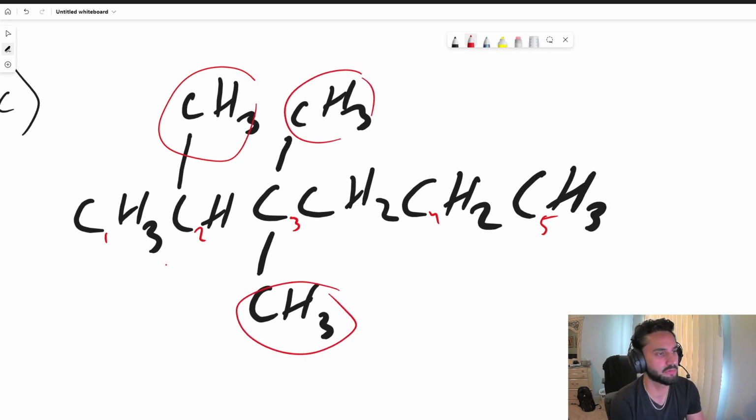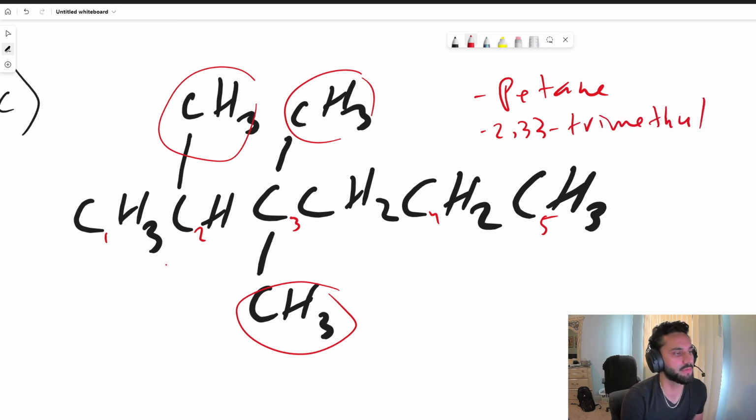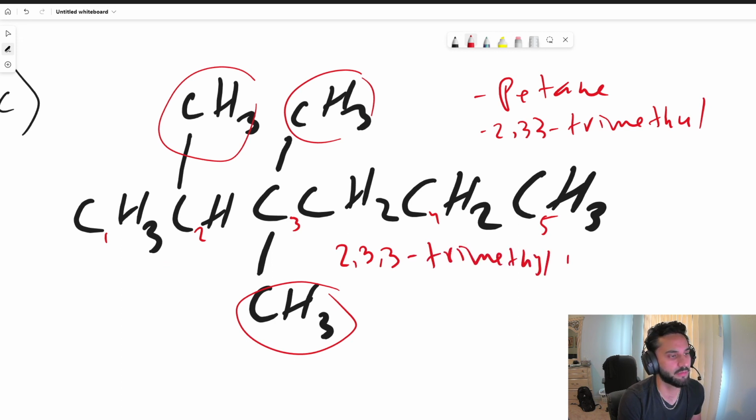So we have a trimethyl. Five carbons is a pentane, and we have a methyl group on carbon number 2 and 2 methyl groups on carbon number 3. This is a trimethyl, and I would name it 2,3,3-trimethyl pentane.